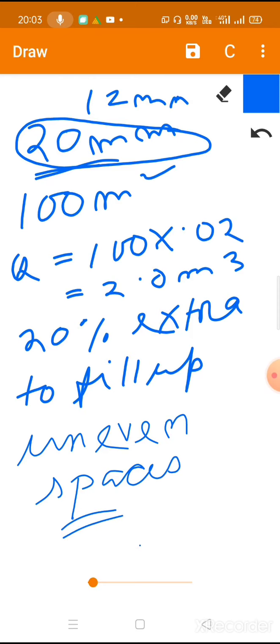So 20% extra of 2 meter cube will be 2 meter cube plus 20% of extra, I think it will be 0.4, no? 20% of 2 meter cube.